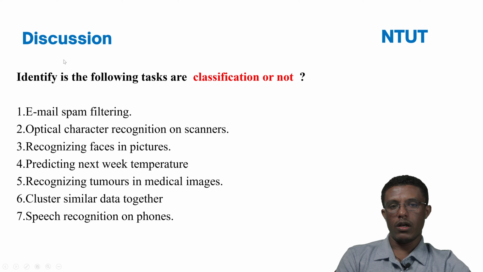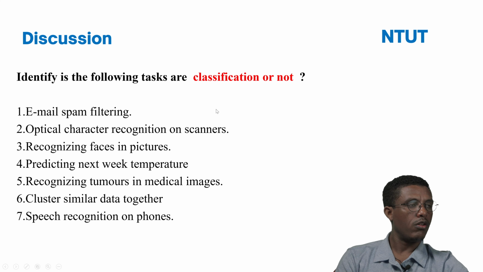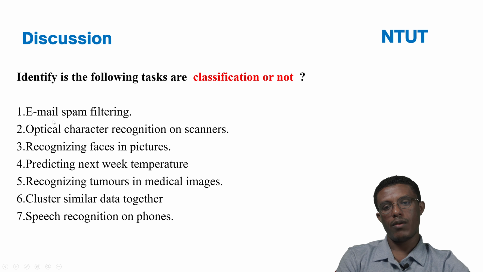As a discussion based on the previous information about classification, try to identify whether the following tasks are classification or not. For example: email spam filtering, optical character recognition on scanners, recognizing faces in pictures, predicting next week's temperature, recognizing tumors in medical images, clustering similar data together, and speech recognition on phones.